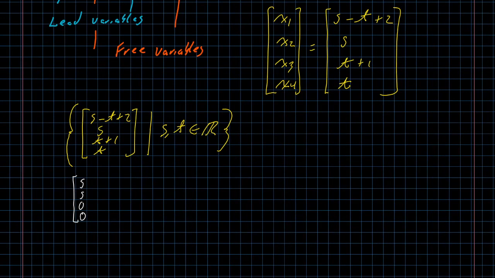The first two components of the vector have an s in them. The other ones don't. Three of the four components have a t in them. And the first and third coordinates of the vector have constants.